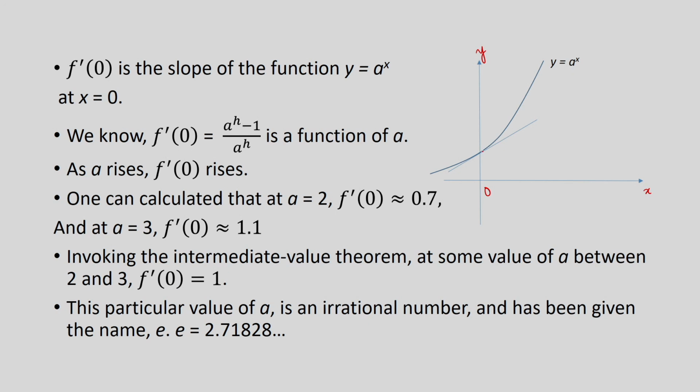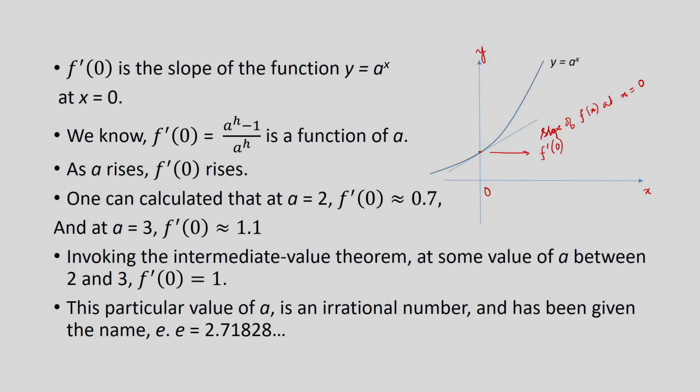At the point where the intersection takes place, I have f dash of 0, the slope of f of x at x equal to 0. Basically, if I draw a tangent to that graph at this point of intersection, then the slope of that tangent is f dash of 0.